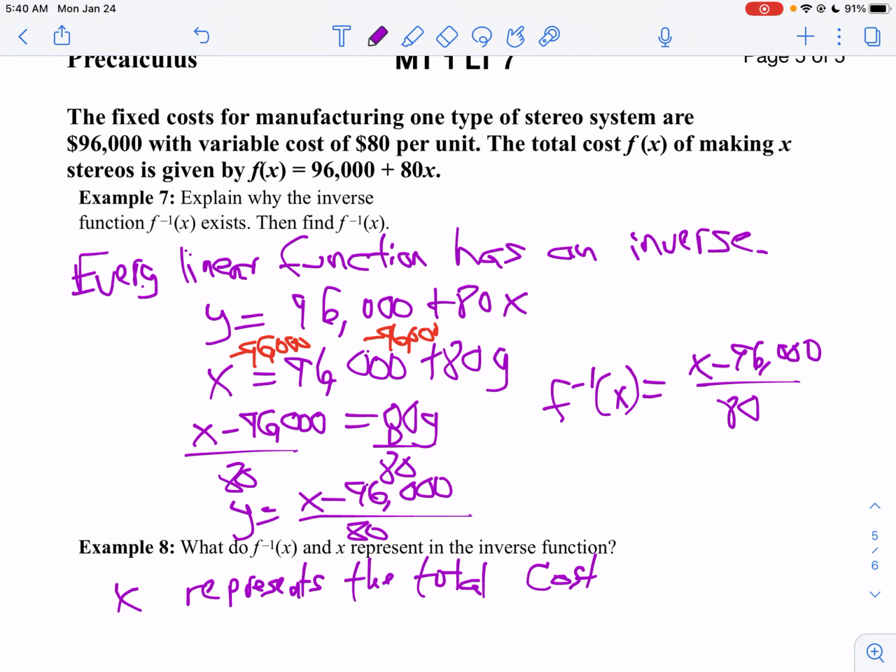And f inverse of x is giving me the number of stereos. We just flip the x and y's around.